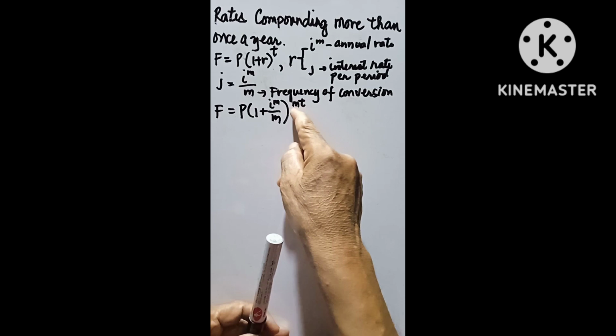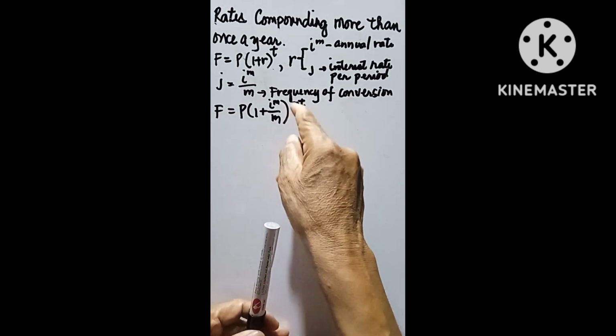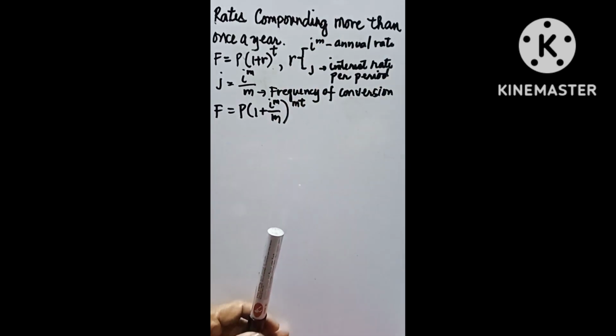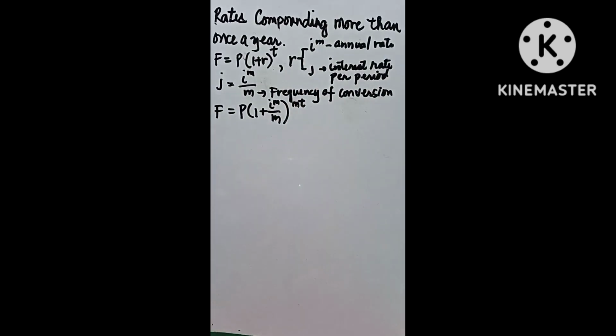So times the number of periods per year. The number of compounding periods per year. That is M. So we will use that formula in finding the unknown quantity in the interest rates compounding more than once a year.